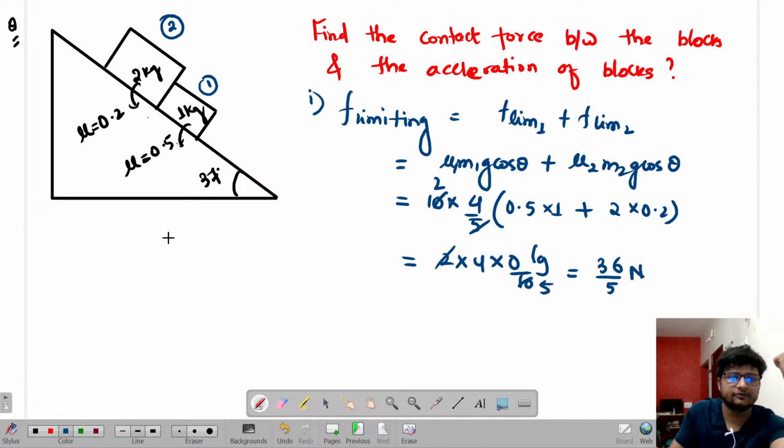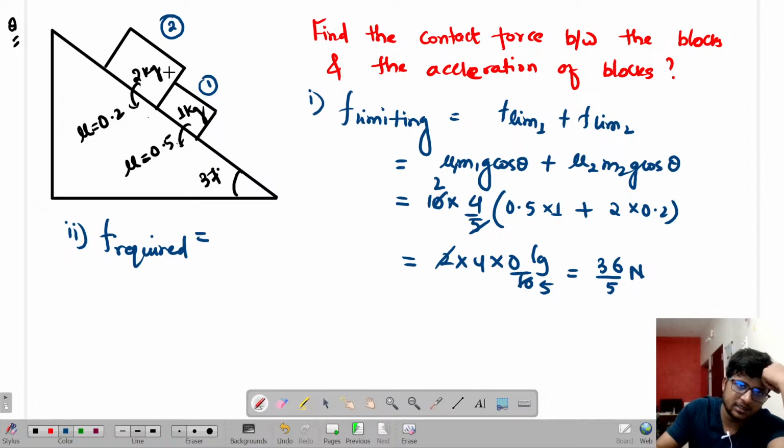Clear or not? Now if I look for F required, the second part is F required. Required friction to stop this is the weight component of 2 kg plus weight component of 1 kg along the inclined plane, or not? Say something, yes or no? If I take the weight component of both of these blocks, that is my stopping frictional force, or not?